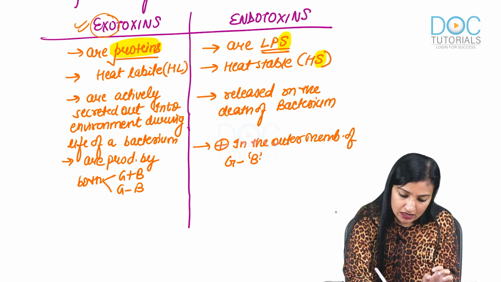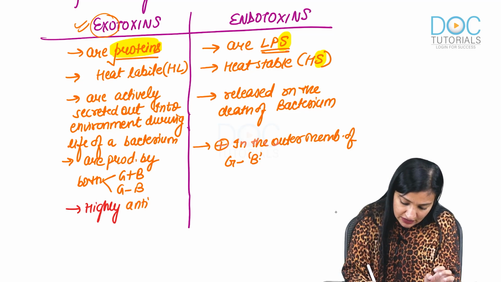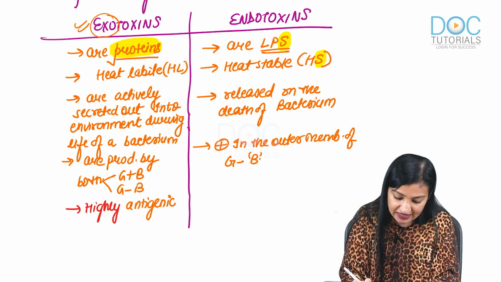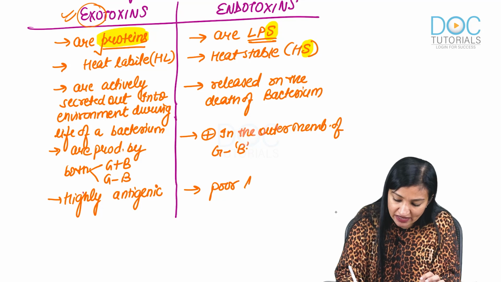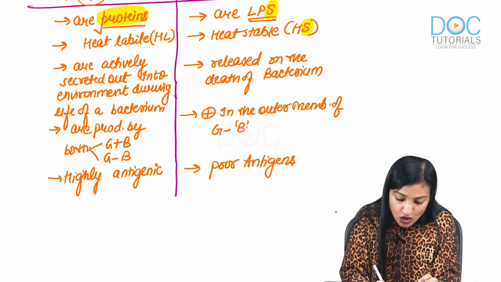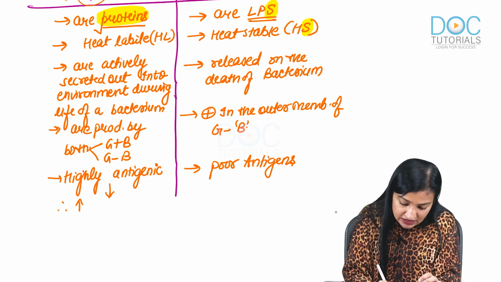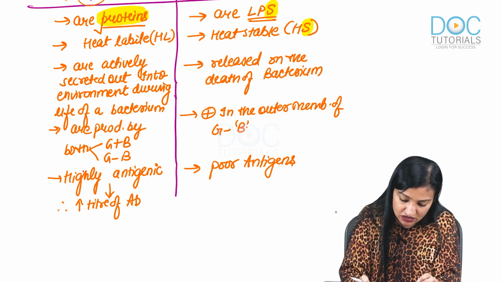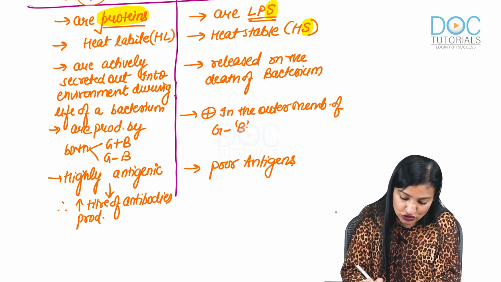So we say exotoxins are highly antigenic, whereas endotoxins are poor antigens. Now, because exotoxins are highly antigenic, therefore increased titer of antibodies is produced in response to them. Titer or concentration of antibodies is produced in response to exotoxins.